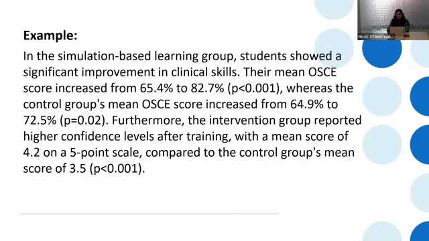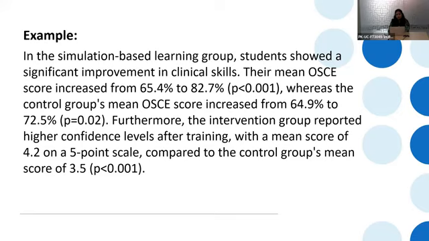Let's take this example. In the simulation-based learning group, students showed a significant improvement in clinical skills. Their mean OSCE score increased from 65.4% to 82.7%, with the p-value given, whereas the control group's mean OSCE score increased from 64.9% to 72.5%.